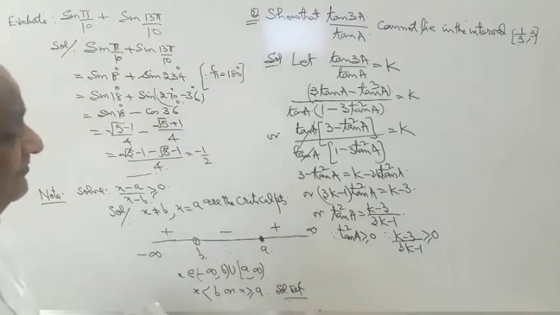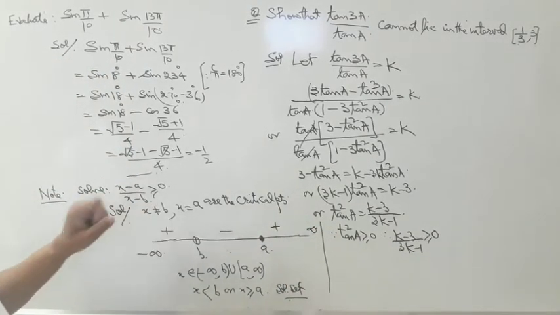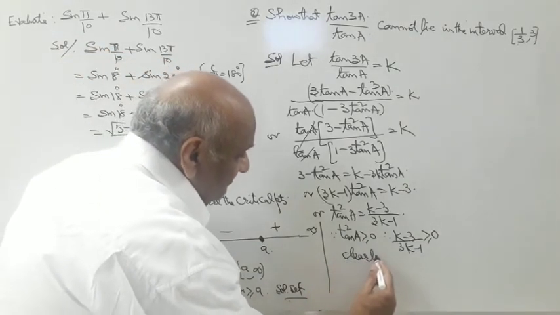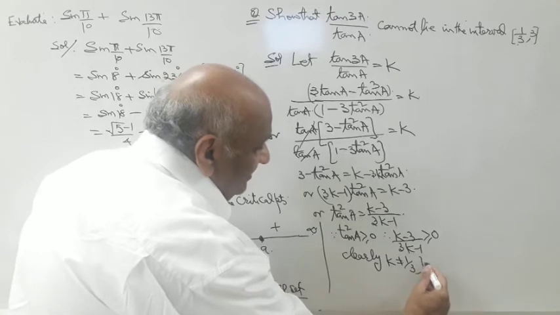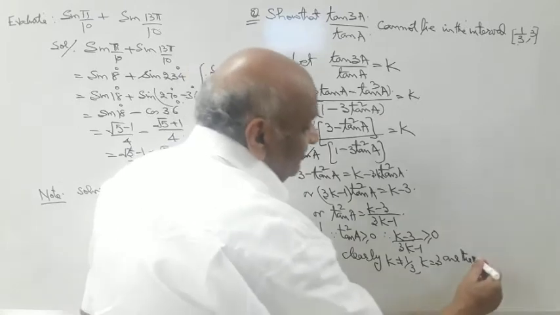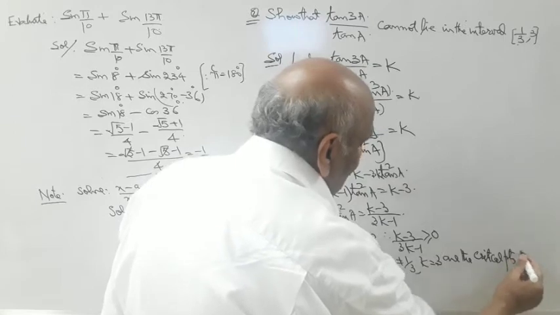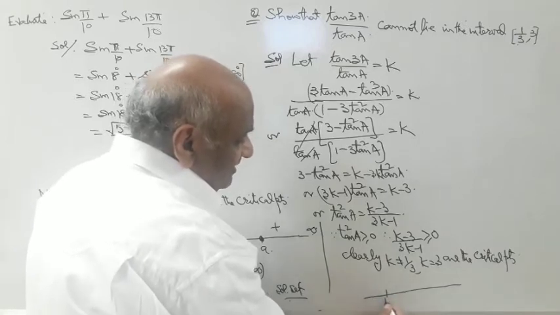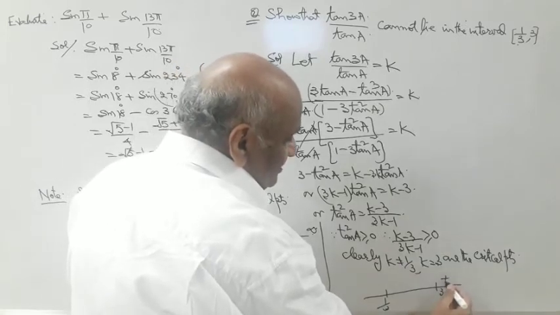So this type of result, I have just explained: (x minus a) over (x minus b) greater than or equal to 0. Clearly, k is not equal to 1 by 3 and k equal to 3 are the critical points, and the expression is positive. Take up a diagram here: it is 1 by 3 and 3, and the expression is positive.